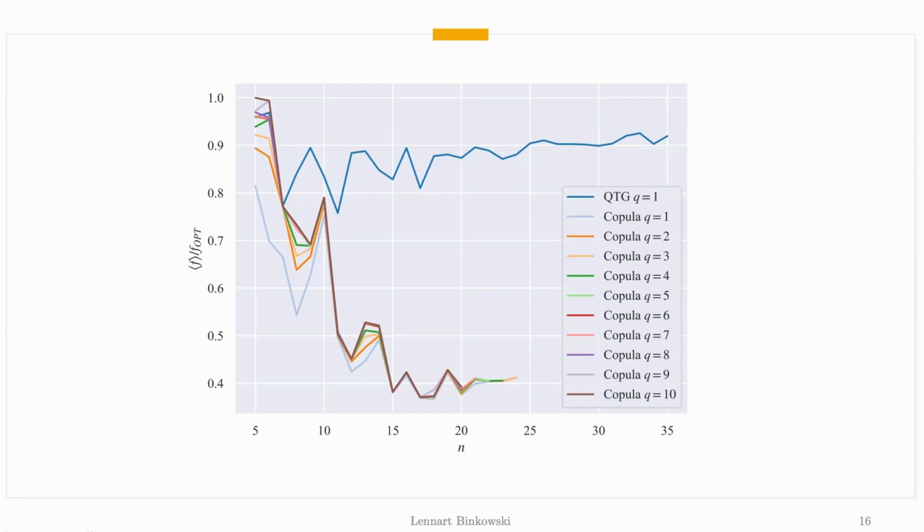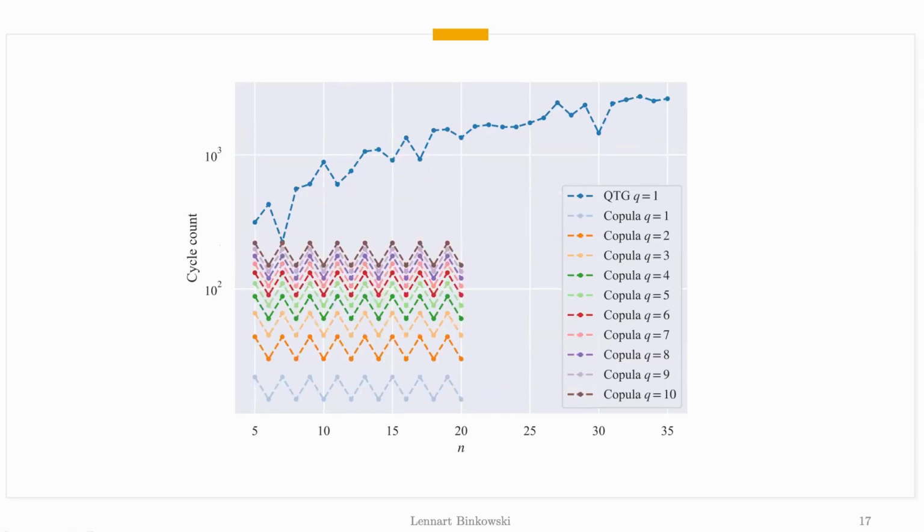In comparison, the QTG-QAOA was able to center around roughly 0.9 approximation ratio through all the instance sizes, which is quite nice. You can see a slight upwards trend, but we would not dare to interpret an increasing approximation ratio for larger instances here.